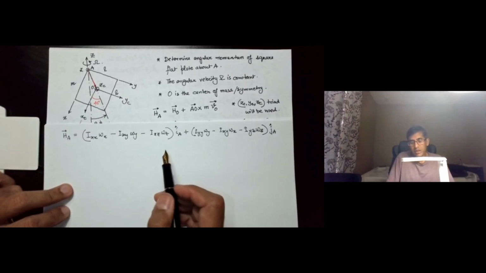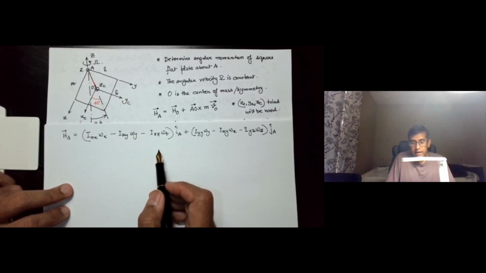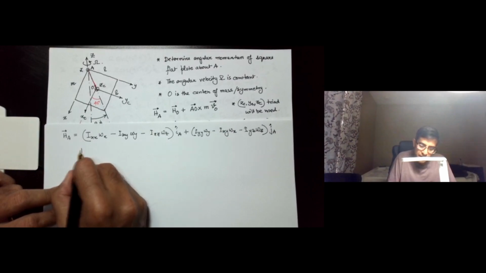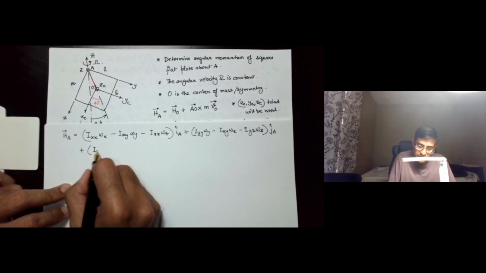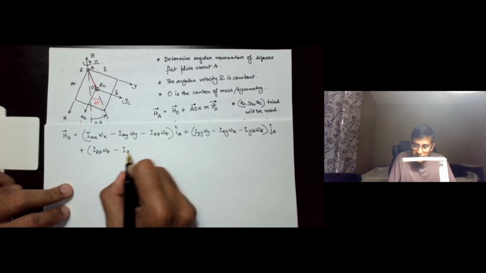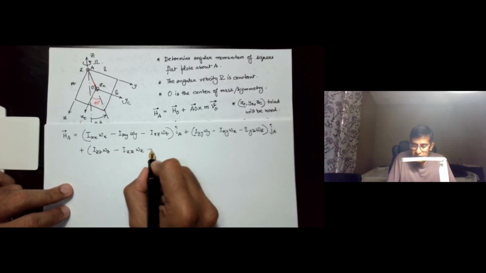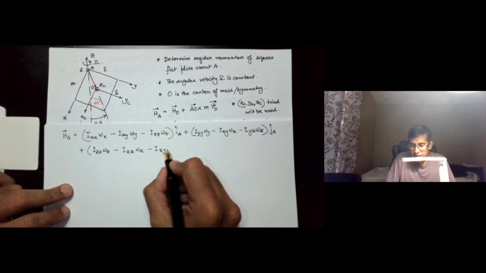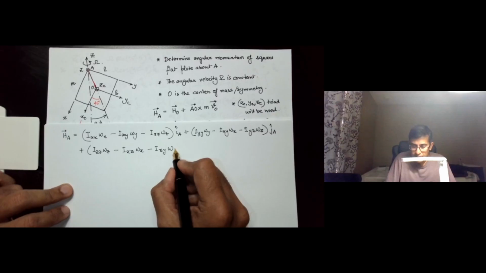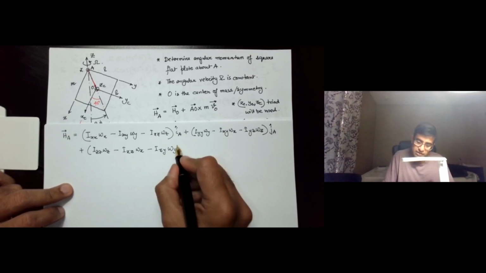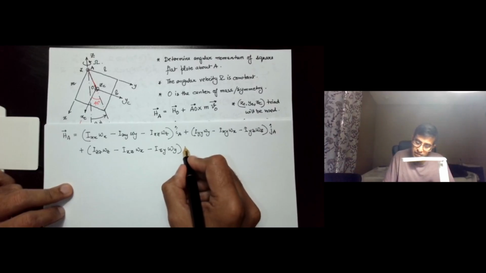As you can see, we are directly expressing the angular momentum about the point A itself. Plus we will have Izz omega z minus Ixz omega x minus Izy omega y, and this is KA.